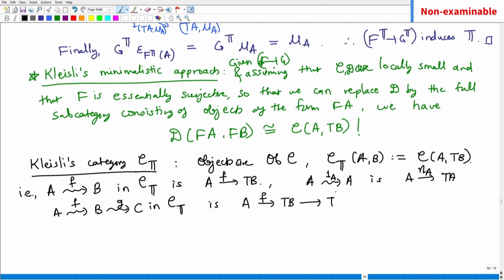G is from B to TC, so this becomes TG from TB to TTC, not G. And then finally from TTC to TC we can come back, because we always have to come back to just one application of T, and that's by mu C. So Kleisli was using all the data given in the definition itself.